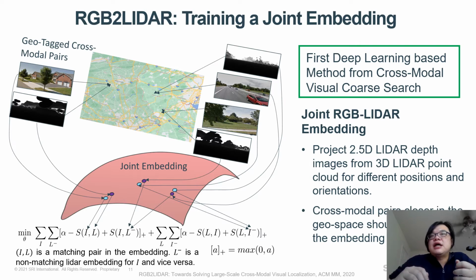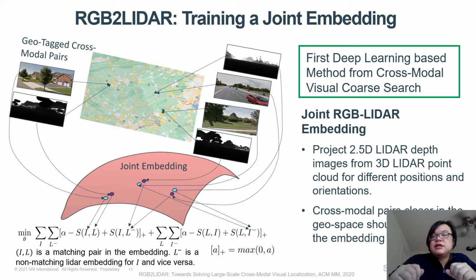The idea is that for the 3D LiDAR point cloud, we project 2.5D LiDAR depth images for different positions and different orientations. Then for each depth image, we pair it with a ground street view image, and use this paired data to train an embedding space.